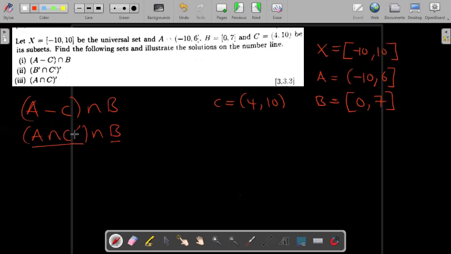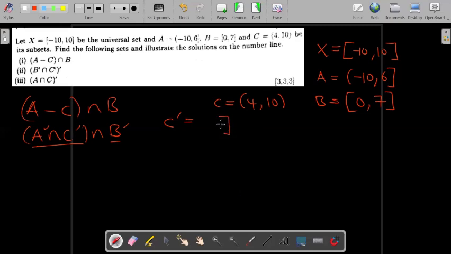So here you can see that you have your set A, our set B, and C complement. We can easily find C complement, since we have the set C here. The set C is 4 and 10, and the values in between are the ones in set C. But 4 and 10 are not in C, meaning these have to be in the complement.